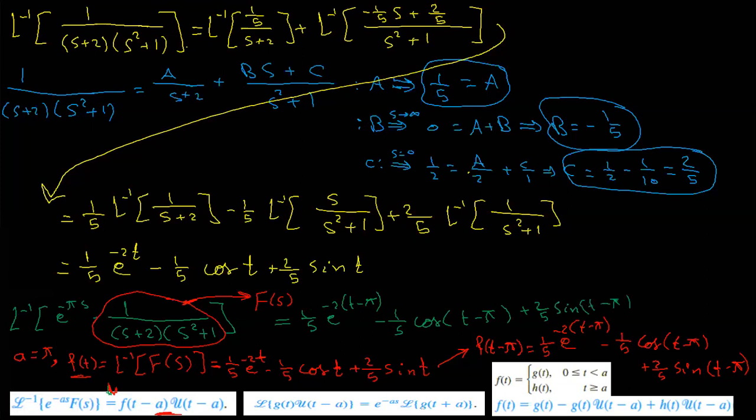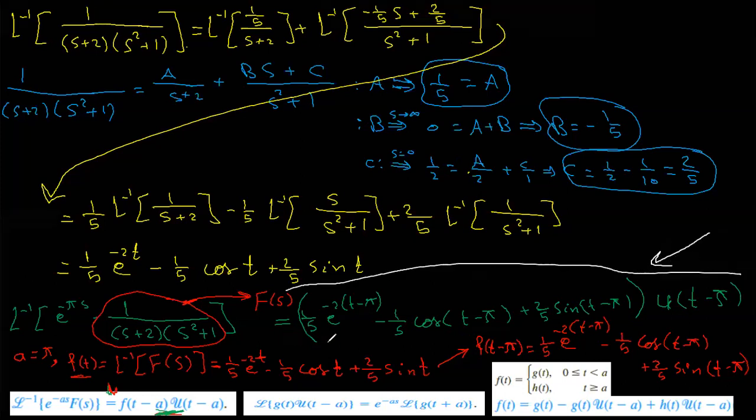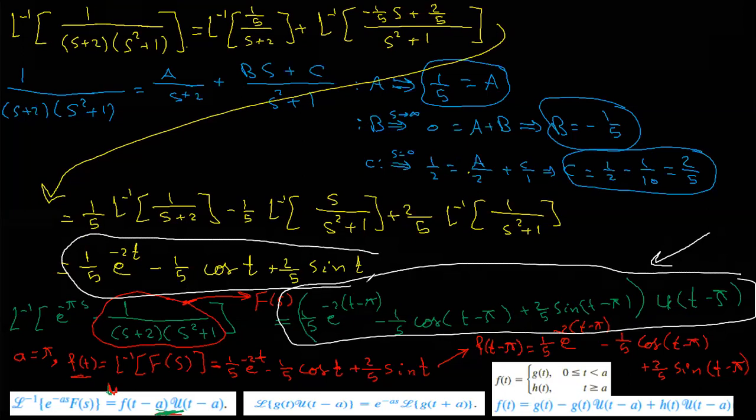You need to multiply your answer by the unit step function. Notice I'm trying to apply the rule. Please focus with the rule. U of t minus pi. So we finished by finding this answer, the white here, the green and the yellow. This is the solution of my differential equation, because we need to find the inverse of this and the inverse of this, and we did now.